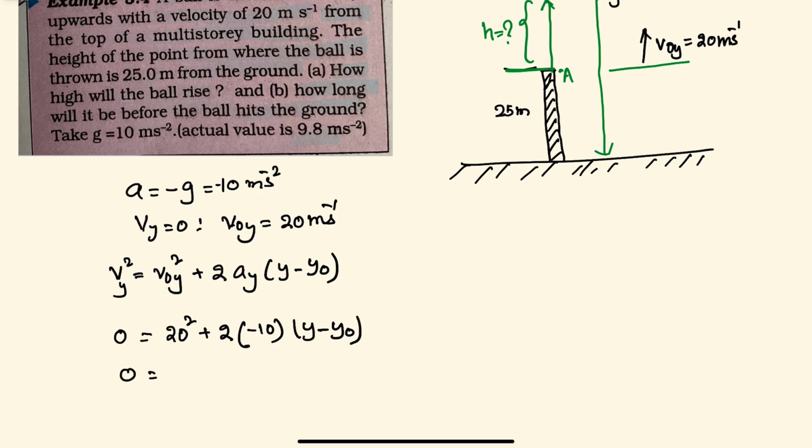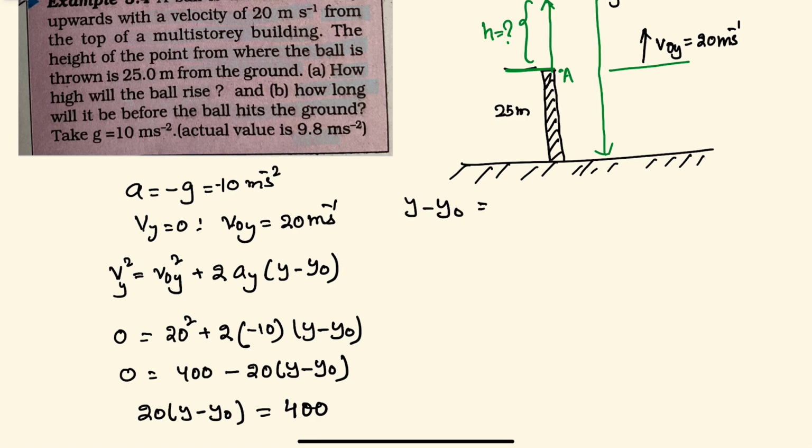So 0 is equal to 400 minus 20 into y minus y naught. So 20 into y minus y naught is equal to 400. Y minus y naught is equal to 20 meters, right?